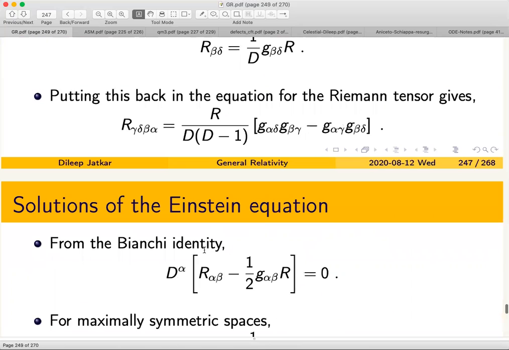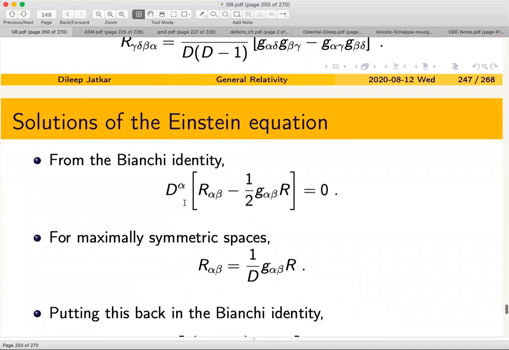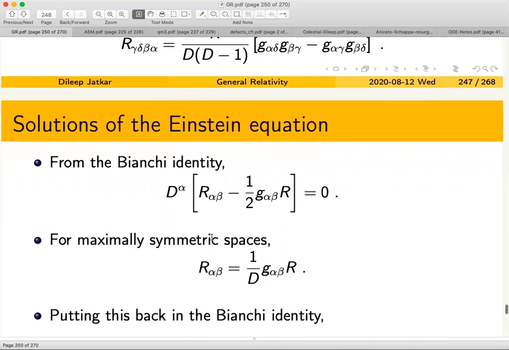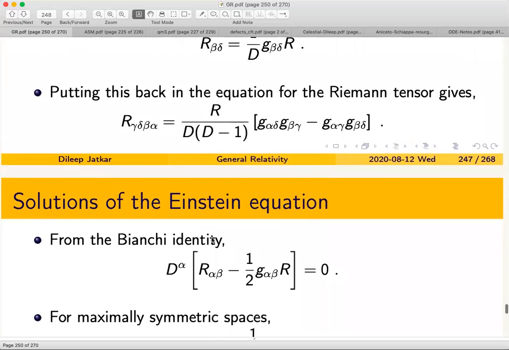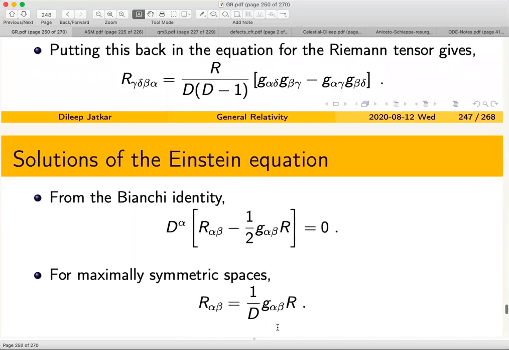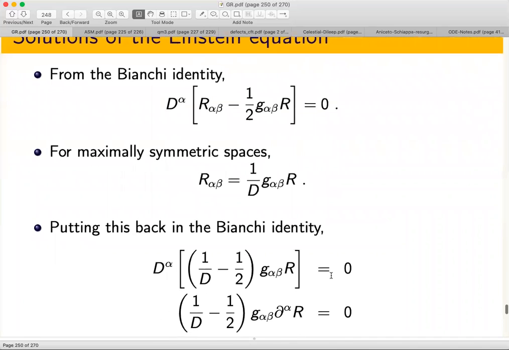Fine. Now we will use the Bianchi identity that we have already studied, that is, the covariant derivative of the Einstein tensor is equal to 0. But we know that for maximally symmetric spaces, the Ricci tensor is proportional to the Ricci scalar. So you can put that factor in and you get the covariant derivative of (1 over D minus 1/2) times g alpha beta R is equal to 0.